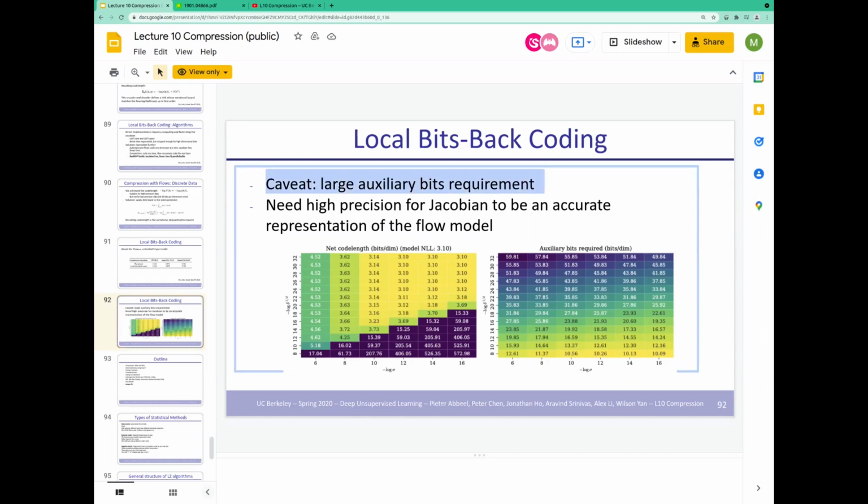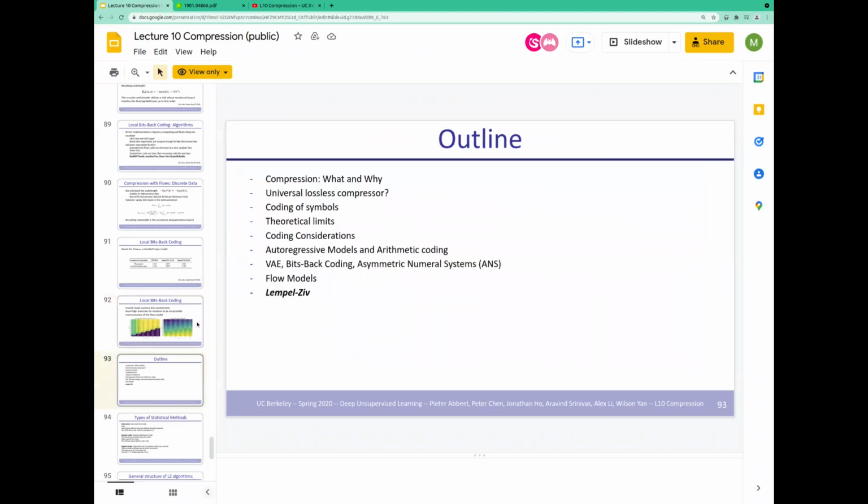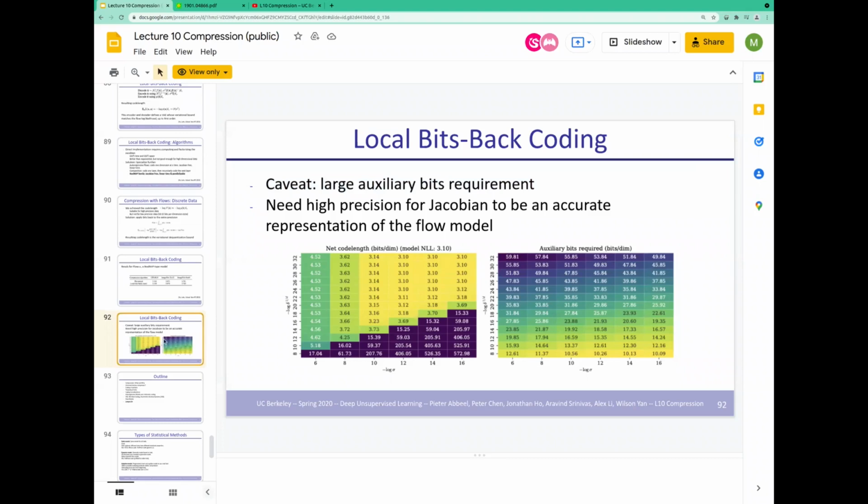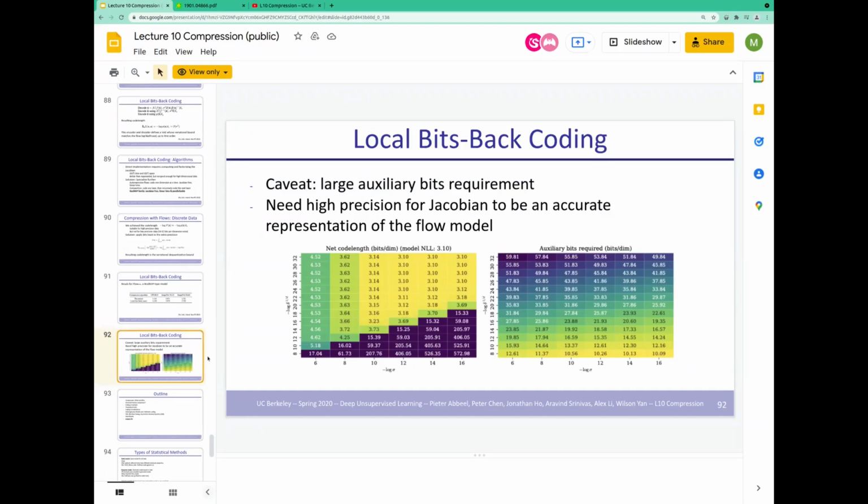I think it only works if you're going to encode a huge amount of images, like an entire ImageNet set, so the first auxiliary is amortized over everything. Okay, this was for the flow model. There's a lot of it, but I'm just skimming over it pretty quickly. So are there any things that we want to discuss on this?